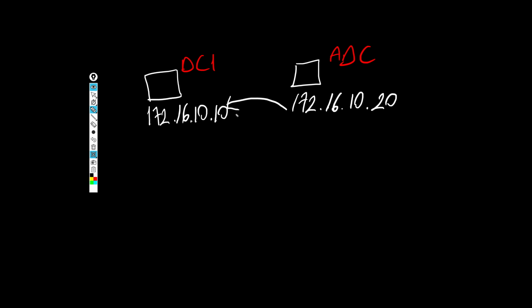So to prevent this from happening, we need to give 10.20 for DC1's preferred DNS. And for the ADC, we need to specify 10.10 for the preferred DNS. The second ones can keep the same, which is the loopback IP address.